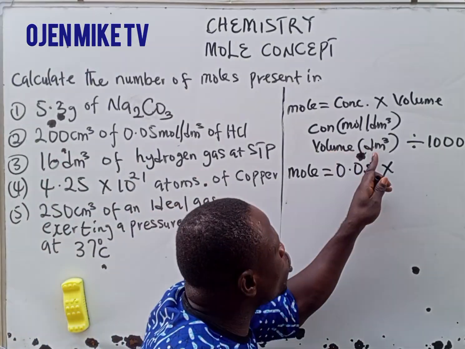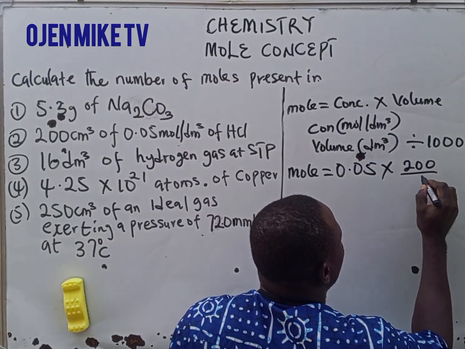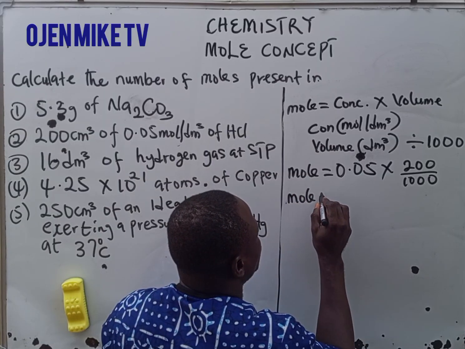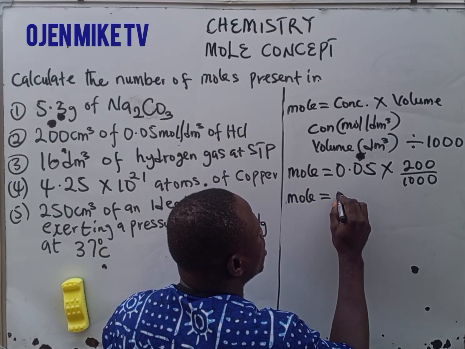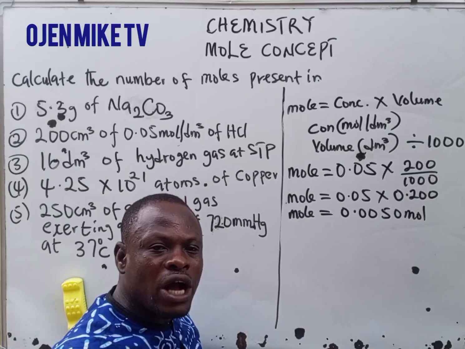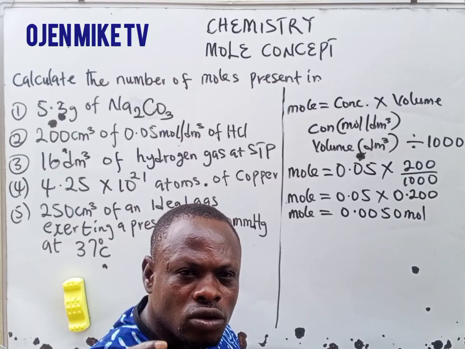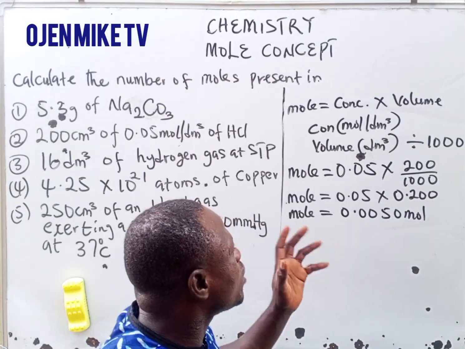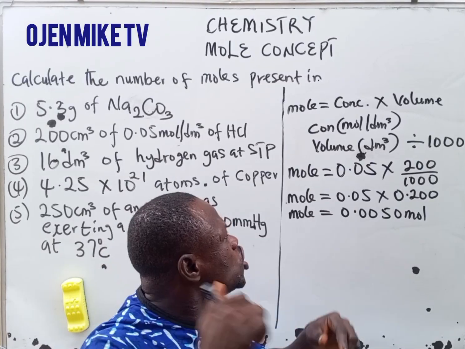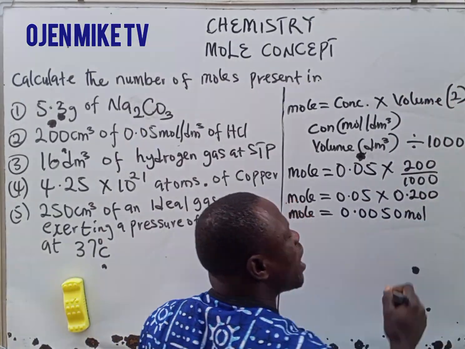I told you that volume must always be in dm cubed, therefore you divide 200 by 1000. That is how to calculate mole when it is given in concentration, that is, mole in a solution. This is the second method of calculating mole.